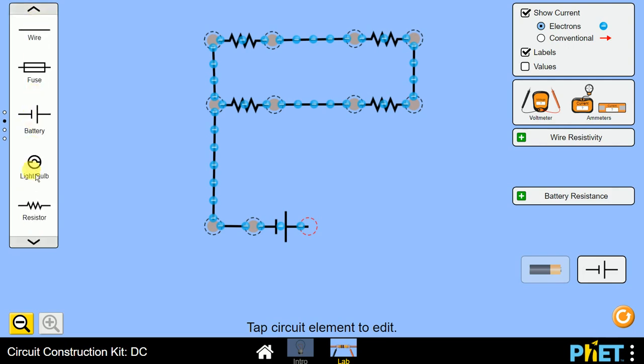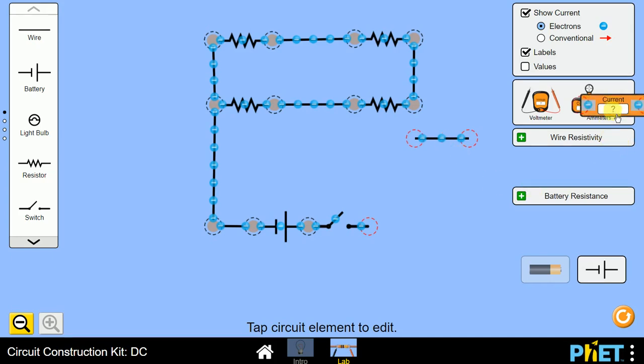ठीक है, we'll take one key also, switch, which we say. We'll take a switch. Is it clear? And we take further wires, and we need one ammeter also to measure, so let's take the ammeter also.